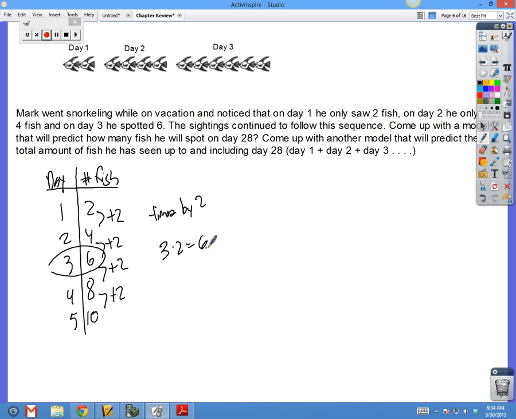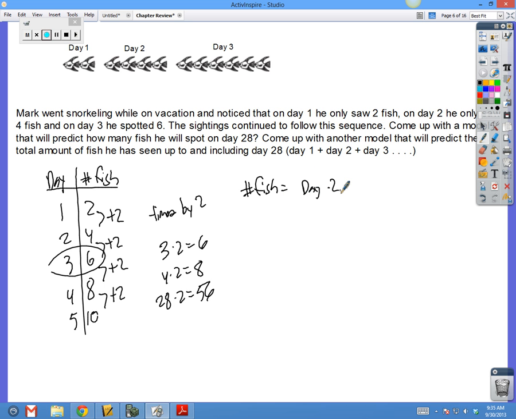I do not need to adjust. I don't need to add anything or subtract anything. 4 times 2 is 8, so we're good. So I'm predicting that day 28 times 2 is going to be 56. So my explicit function is going to be the number of fish equals the day times 2.